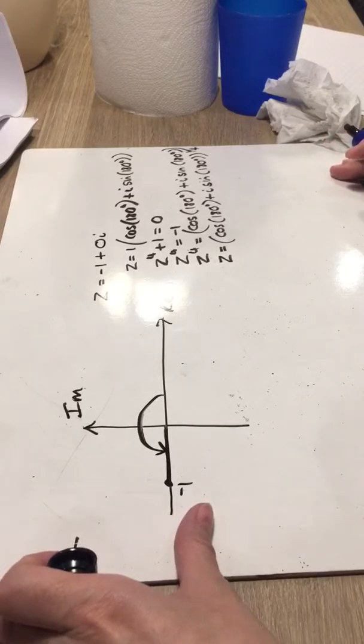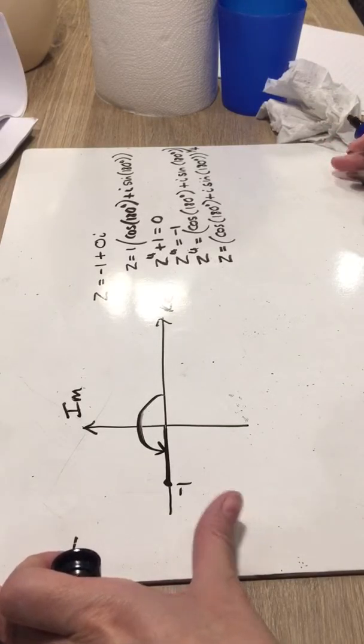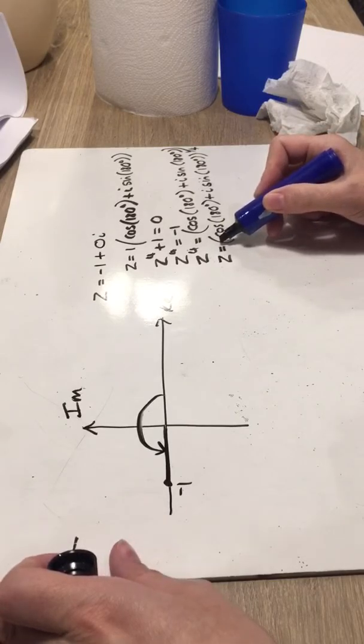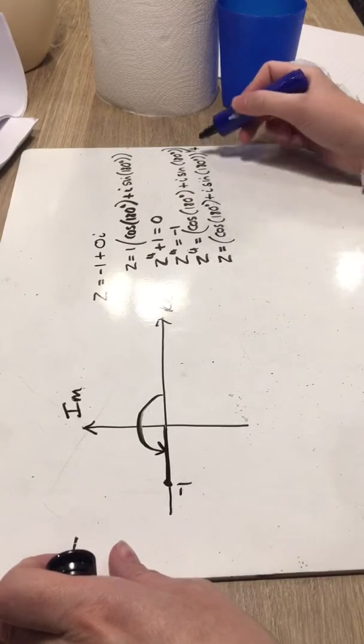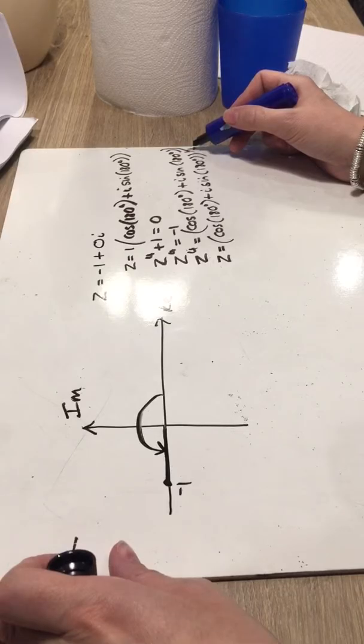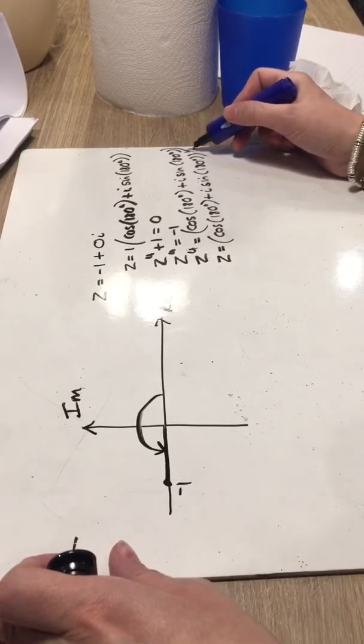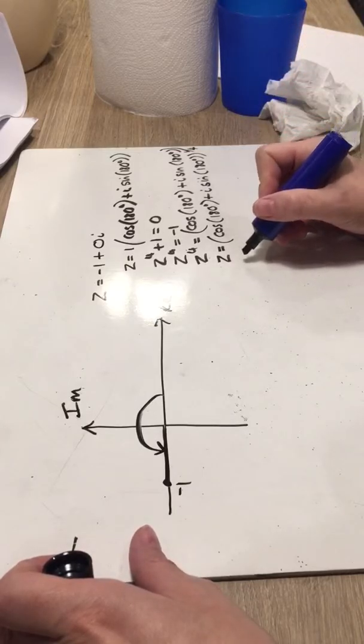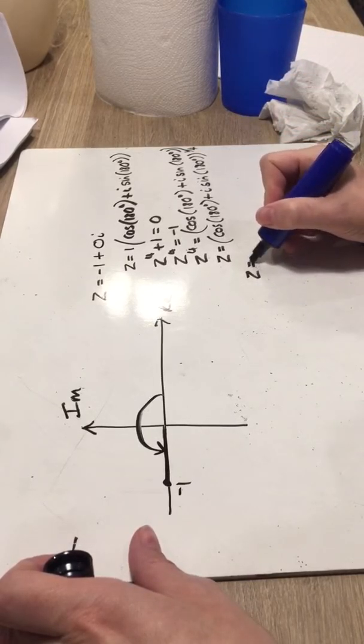So you're using your de Moivre's theorem again. Now remember, de Moivre's theorem means that the modulus gets raised to the power, in this case a quarter, and the argument gets multiplied. Because our modulus is 1, 1 to the power of anything is still 1, so we don't need to worry too much about that.